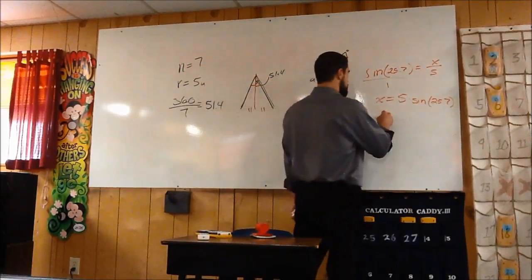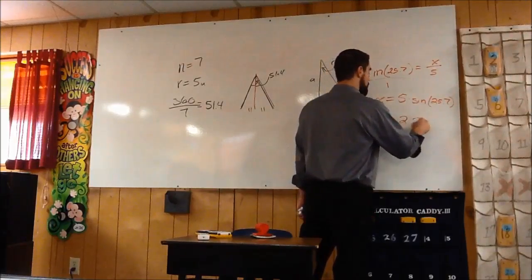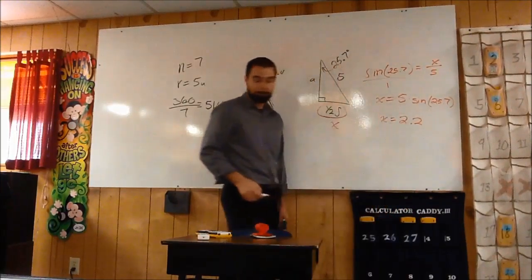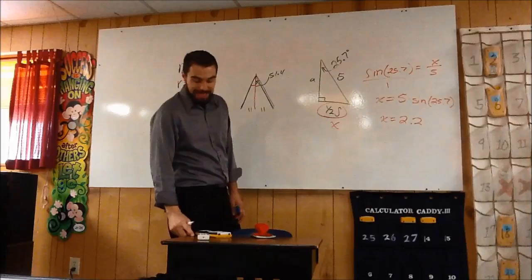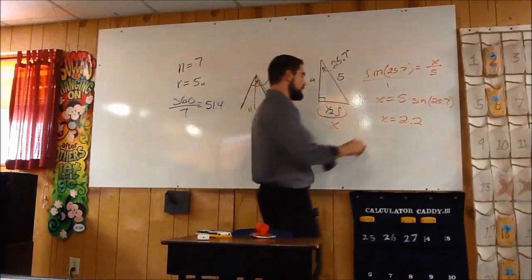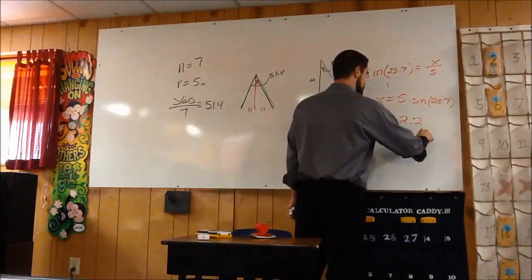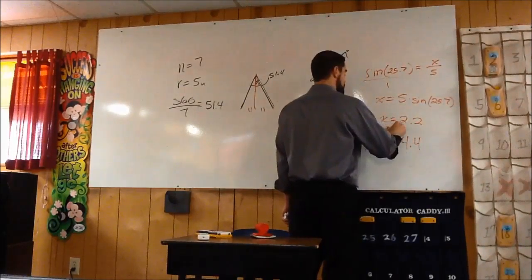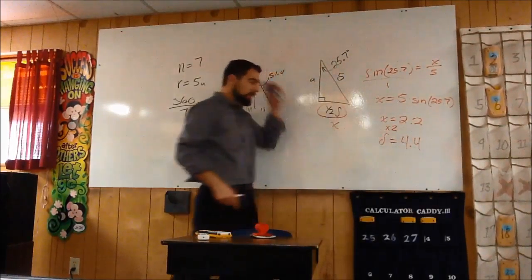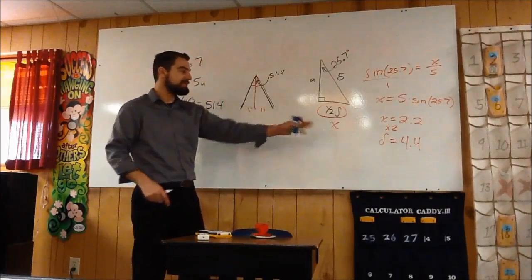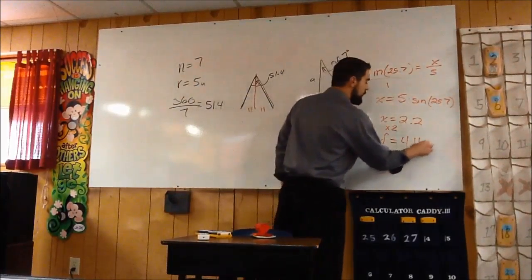Rounding to the nearest tenth, Crystal. 2.2. And if we double that, about 4.4. So multiplying by 2 will get me my side, so s is equal to about 4.4.